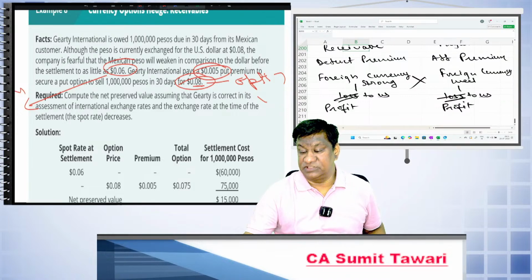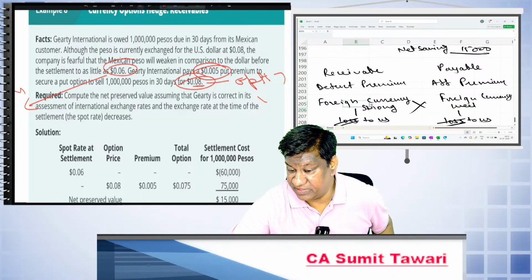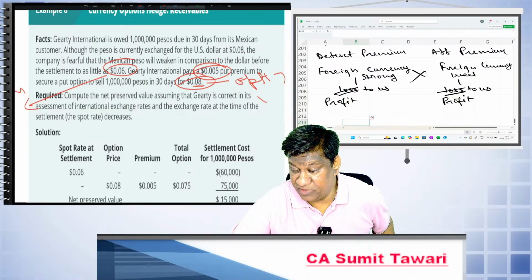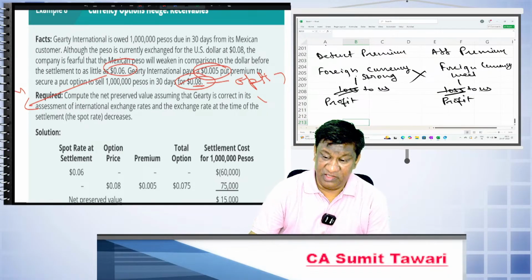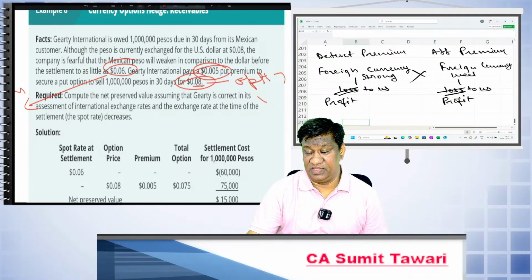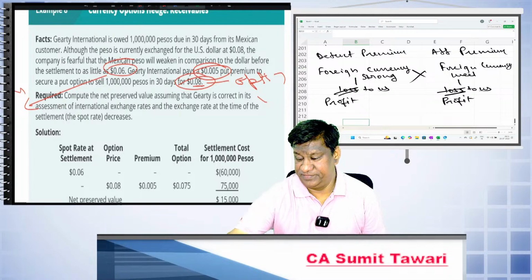So in that situation it is profitable for me in case of the payable, and I can pay my obligation with less domestic currency. And the reverse is if the foreign currency is strong, then at the time of receivable I can get more domestic currency. So that's why it is a profit to us.